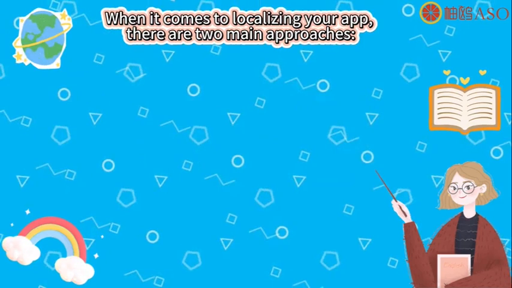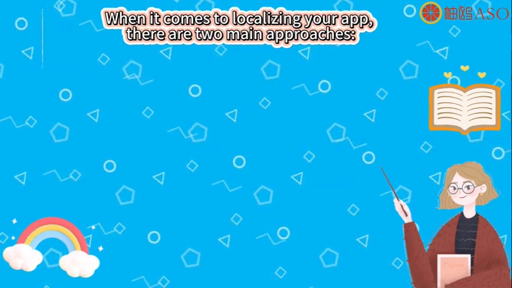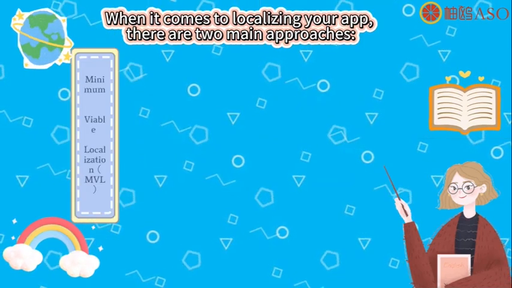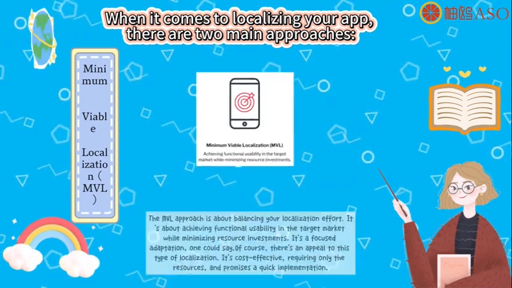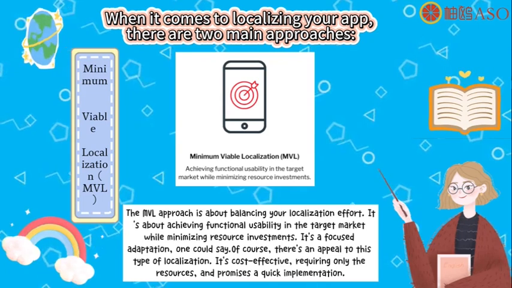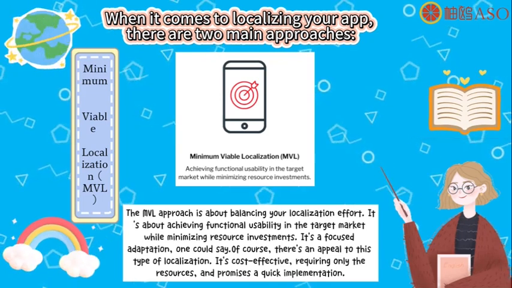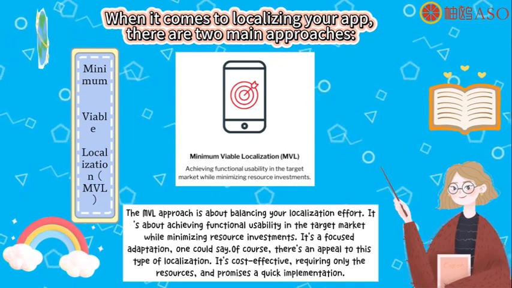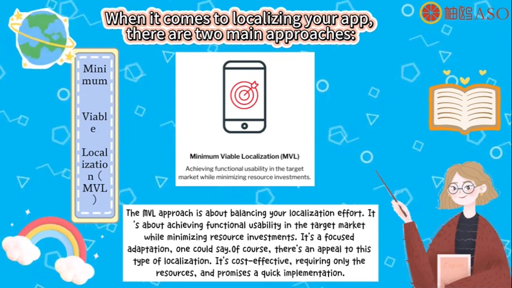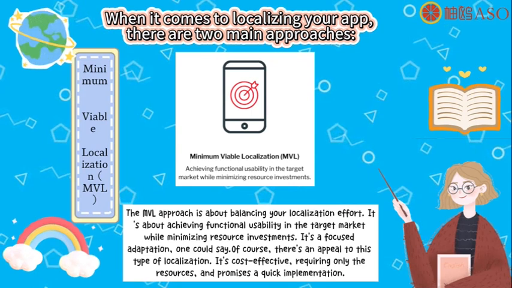When it comes to localizing your app, there are two main approaches. The first is minimum viable localization (MVL). The MVL approach is about balancing your localization effort. It's about achieving functional usability in the target market while minimizing resource investments. It's a focused adaptation.